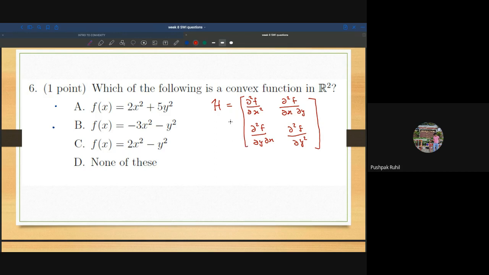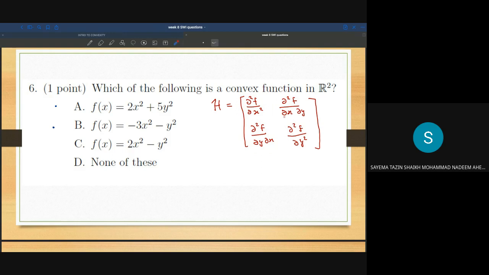So this is what Hessian matrix is. You basically have the double derivative with respect to x. You differentiate the function twice with respect to x. Then on the top right corner, you differentiate the function with respect to x and then y. Lower left corner, you differentiate the function with respect to y and then with respect to x.